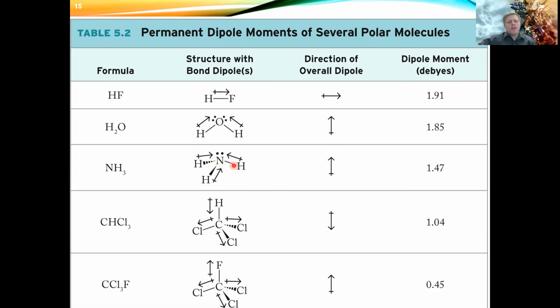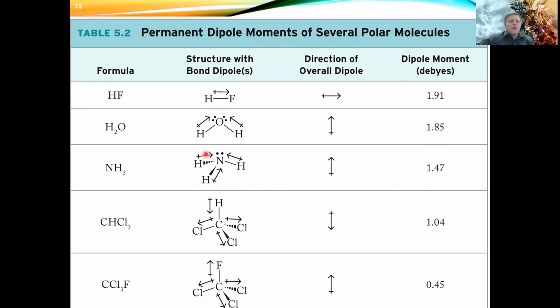Here we have NH3. We have these three nitrogen-hydrogen bonds. These are all polar, but you'll notice in NH3 you have three polar bonds, whereas in water you only have two, but the dipole moment in NH3 is actually weaker than it is in water. Why is that?